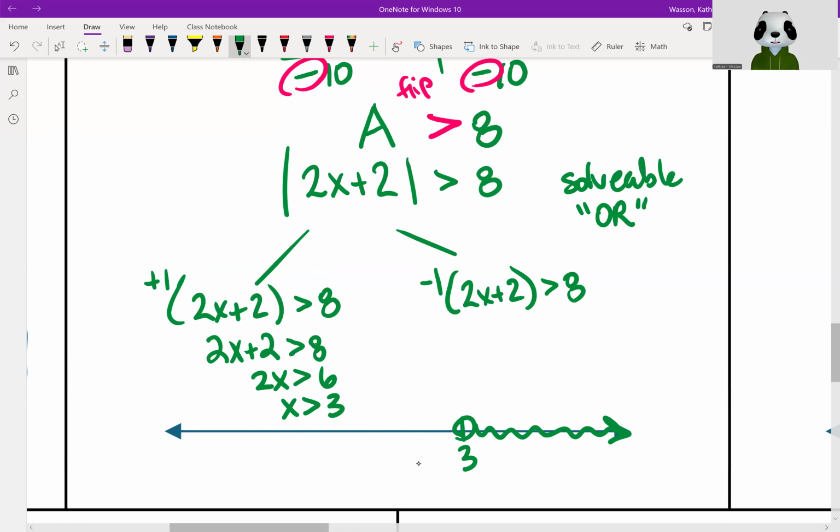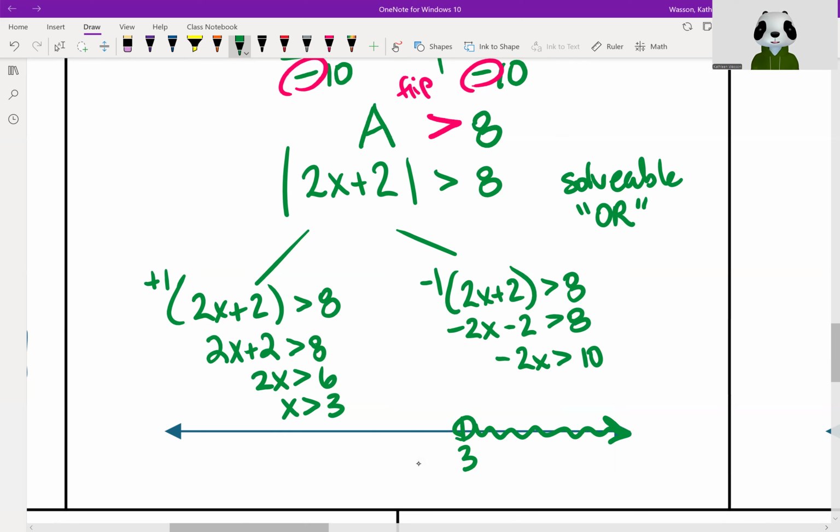For this negative direction group, I distribute the negative in, which changes the signs of both terms. So I have negative 2x minus 2 greater than 8. To solve for x, I would add 2. So negative 2x is greater than 10. And then I divide by negative 2.